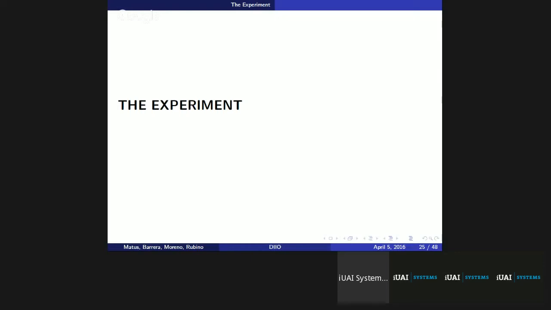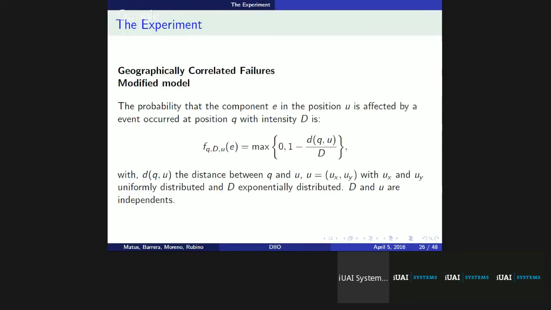With the data of the simulation of the physical model, we can calibrate the Marshall-Olkin copulas model, and simulate and estimate the reliability using it. After that, we can compare the real reliability with the Marshall-Olkin reliability and the independent reliability. For that, we take a geographic correlated failures model.